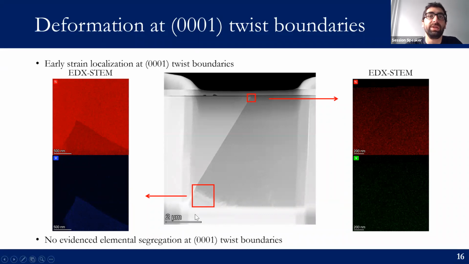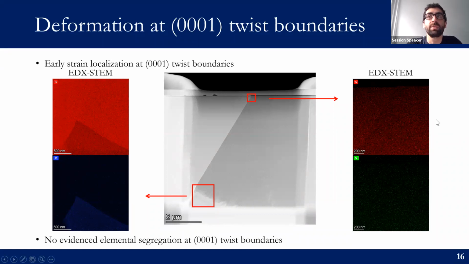There is a beta phase here, and the EDX analysis revealed that the beta phase is vanadium and iron rich, while the alpha phase is titanium and aluminum rich. Similar characterizations were carried out along the grain boundary, but we have not evidenced any elemental segregation at the grain boundary, suggesting that there is no beta phase along such a boundary.